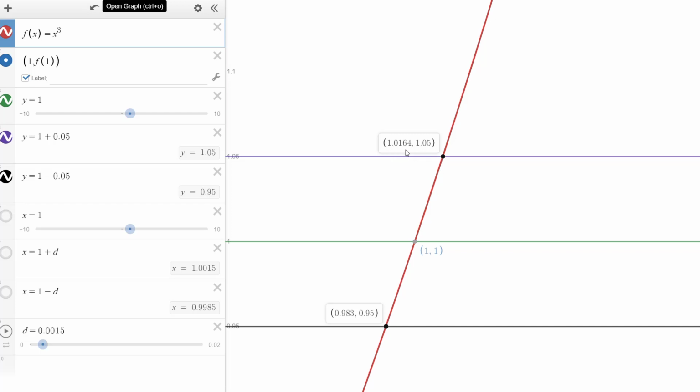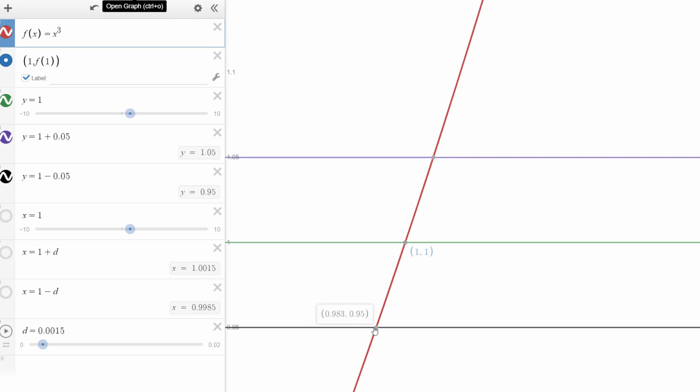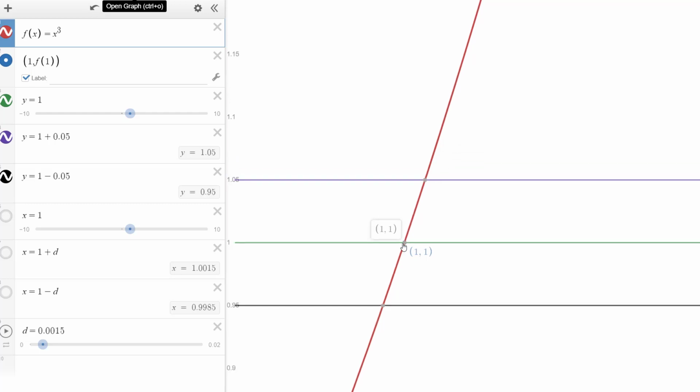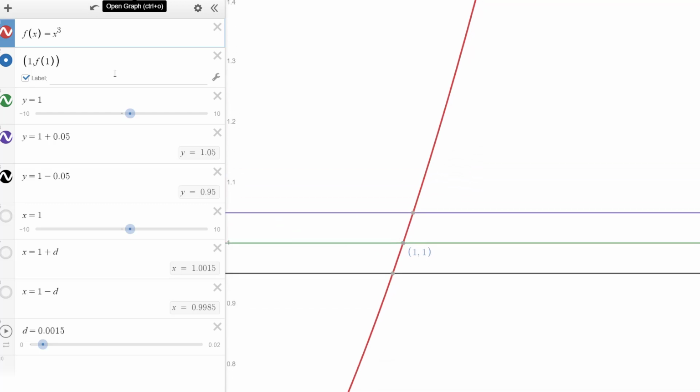All you do is take that number, subtract 1, that gives you the delta neighborhood, and you take the number here and subtract it from 1, and you'll get the size of that delta neighborhood. Take the smaller of those two numbers. I know that's a lot of me talking about that, but in reality, that's kind of how you're going to do it. And again, you could trade this out for any function you want.